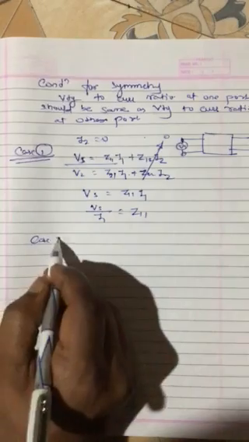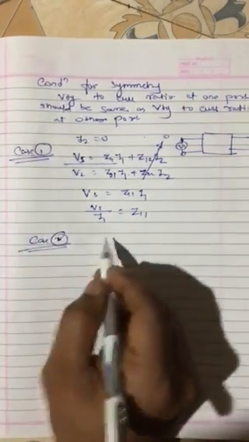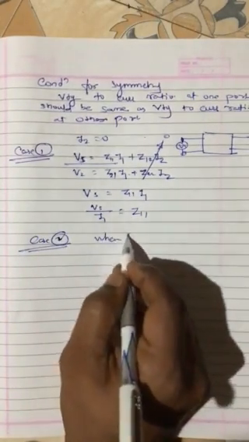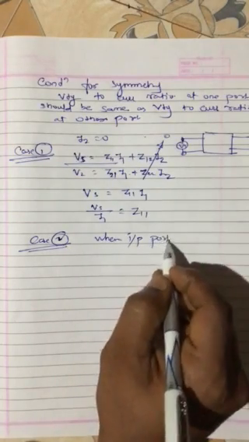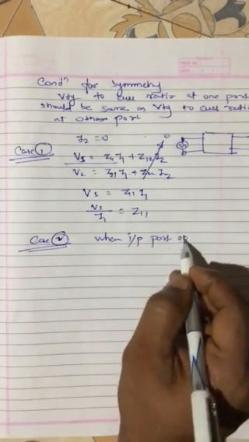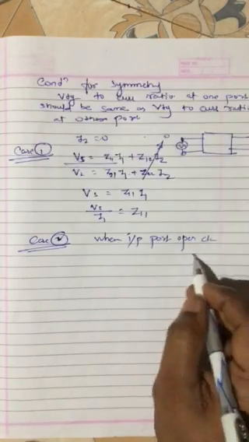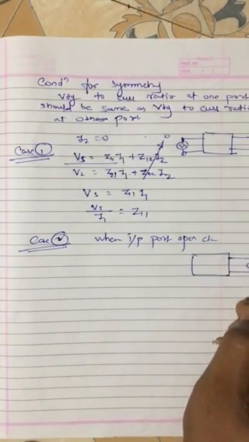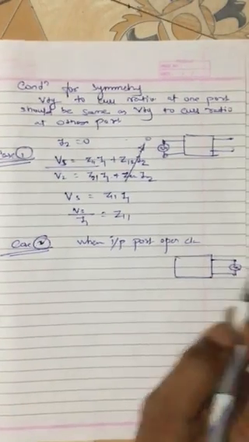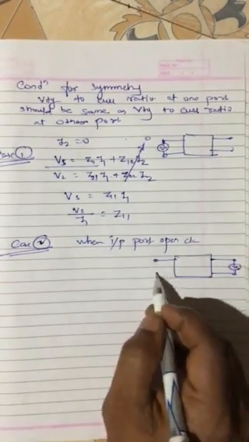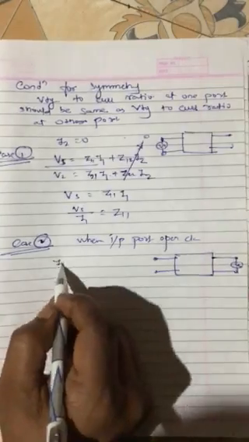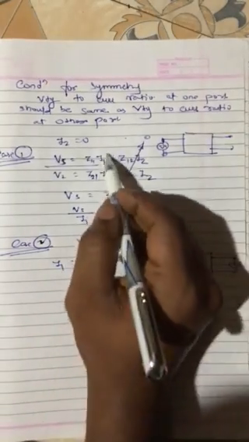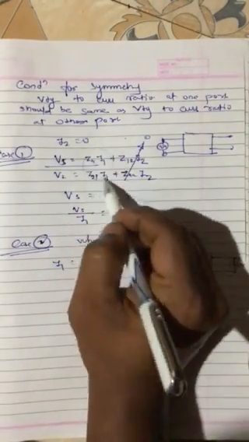Now case 2 is when the input port is open circuited. Okay, so again I will draw the equation. Here at this particular port I have applied the excitation and the input port is open circuited now. So obviously I1 will become 0. Okay, so in this equation these two terms will become 0.